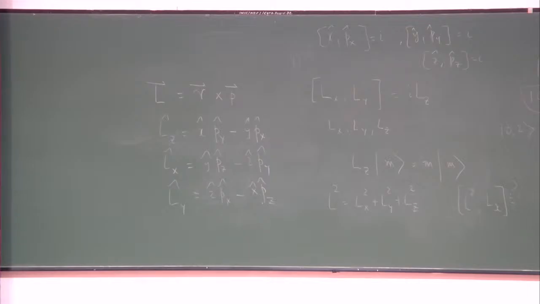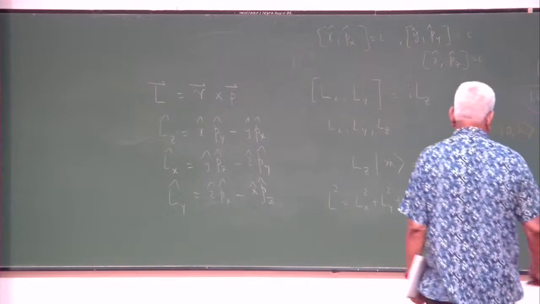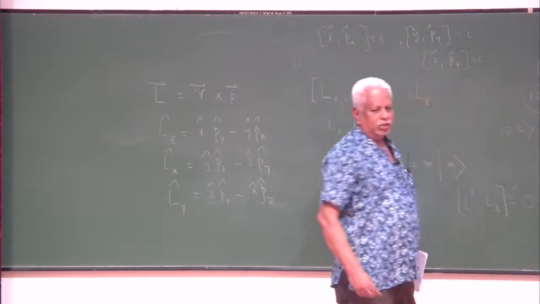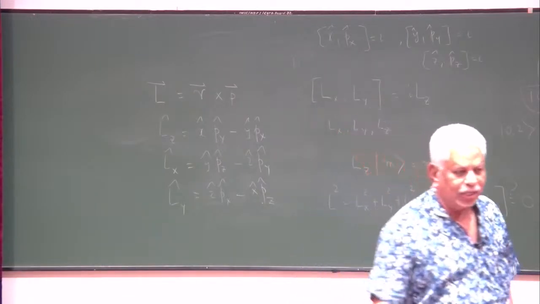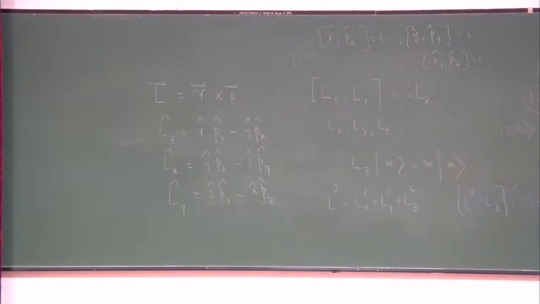So here also it will not change, so this is going to be 0. Similarly for Ly, Lz. So L square with Lz is also 0, correct?